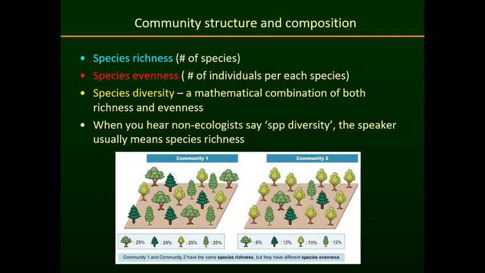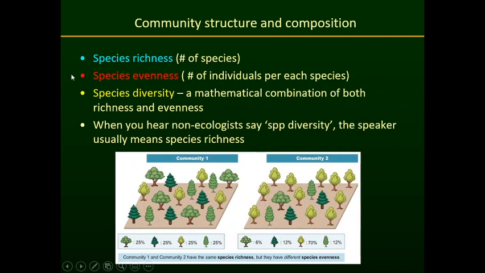All you have to do is count up the total numbers of species in that community. So in the two communities that you see depicted here in this cartoon, there are 4 species in each community, okay? Just 4 different species of tree. And you can subdivide that. You can talk about the species richness of birds in a community, or the species richness of trees or fish or something along those lines, okay?